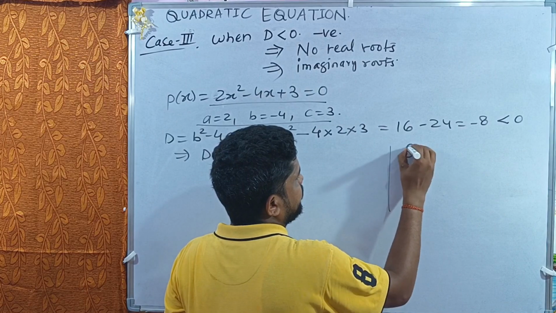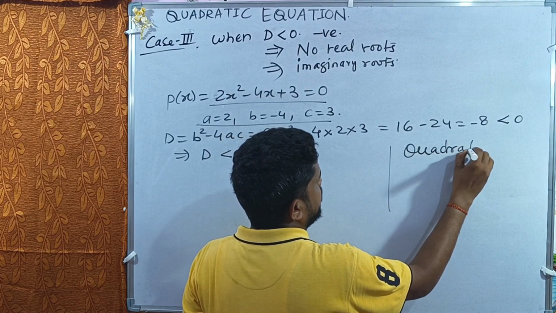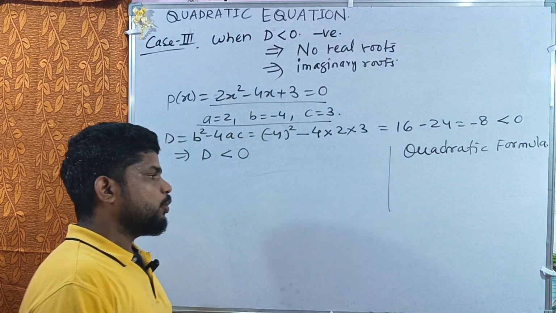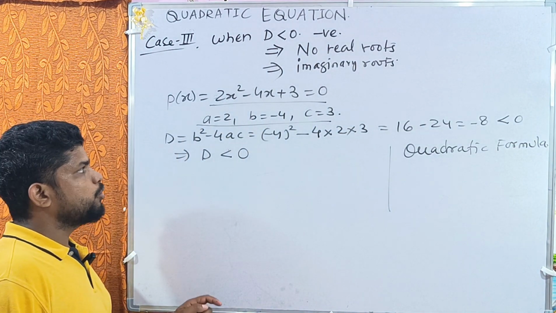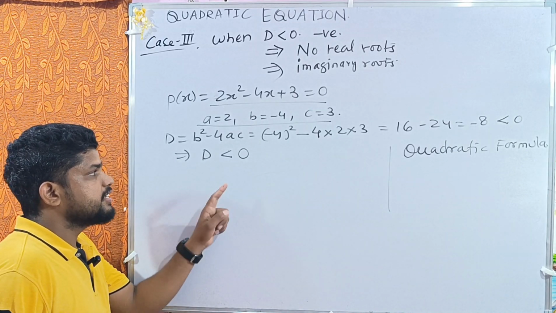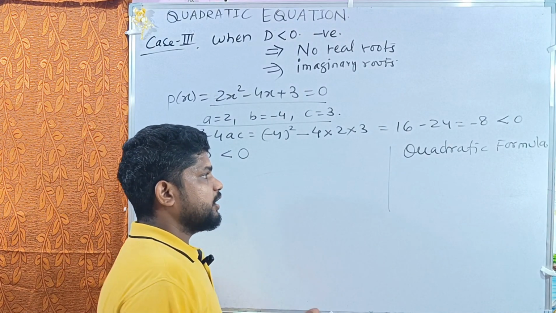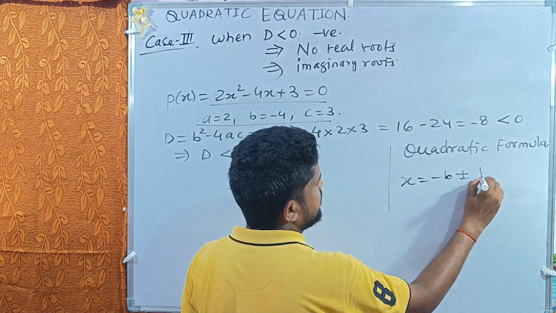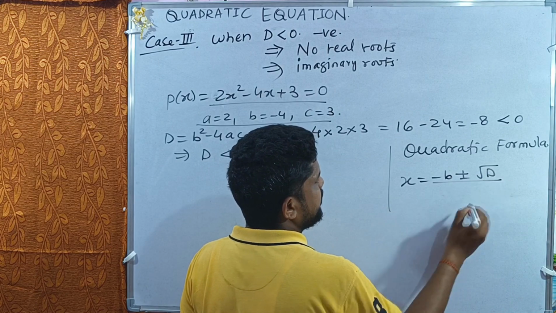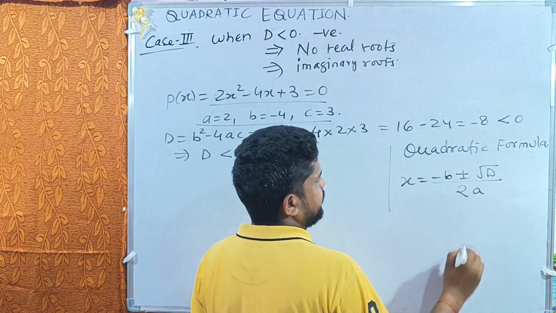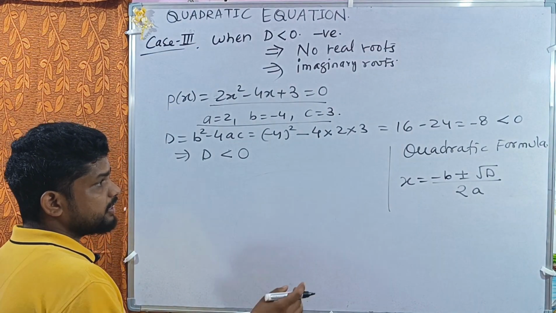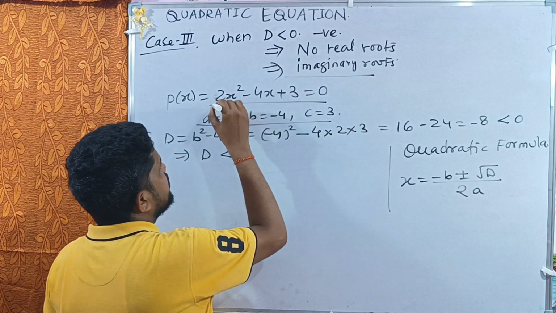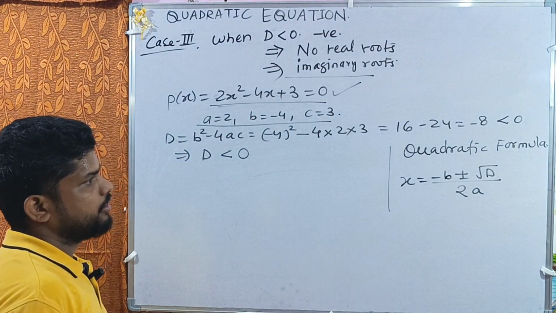The quadratic formula is generally used for a quadratic equation whose discriminant is less than 0, that is negative, and the quadratic formula is x equals minus b plus minus under root of discriminant upon 2a. This is the formula that we are going to use to find the imaginary roots of this quadratic equation.